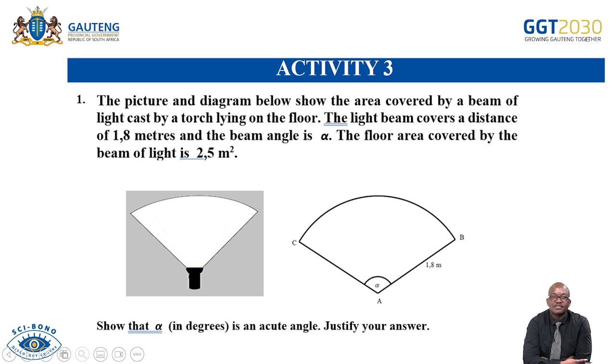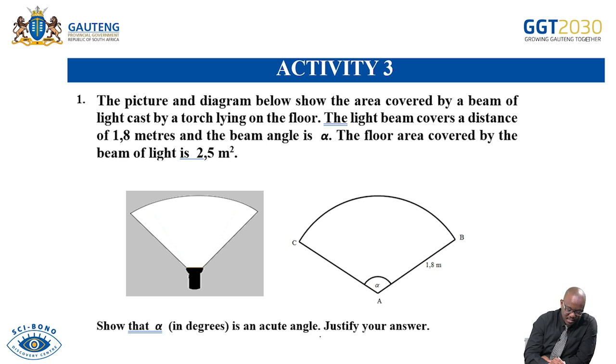Correct. That is the floor covered by the beam of light. So now, the question says we must show that alpha in degrees is an acute angle, and you must justify your answer.